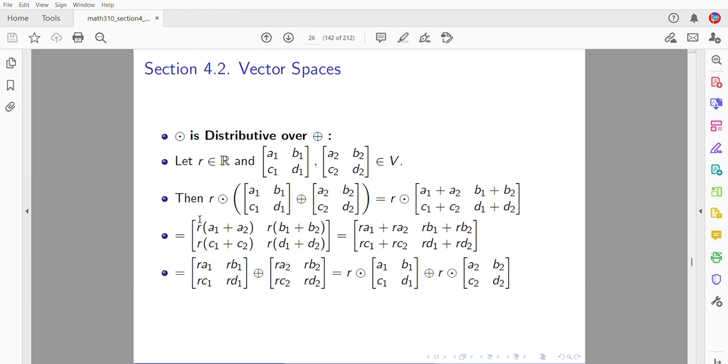This multiplication is distributive, so R distributes, which in turn I can split the matrix and then eventually get the R out. You see? So R O dot distributed over the O plus.